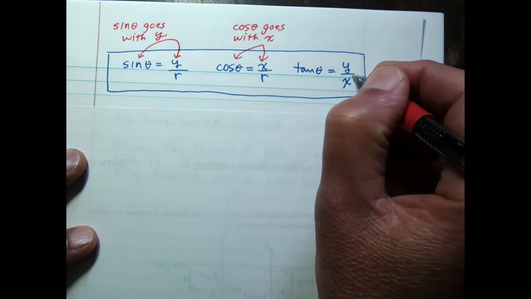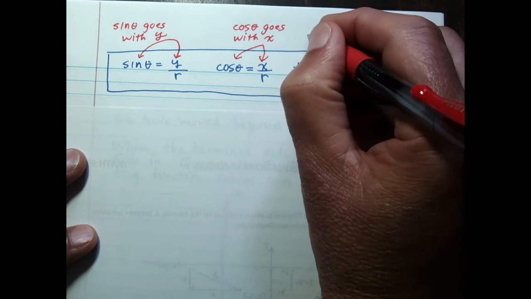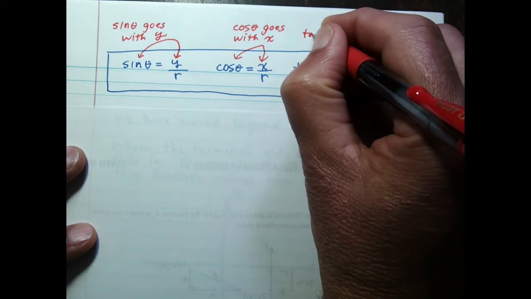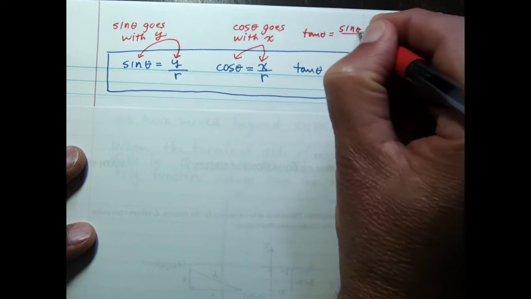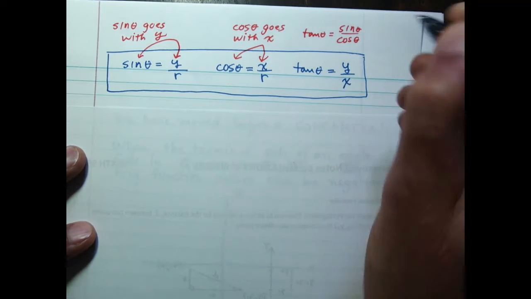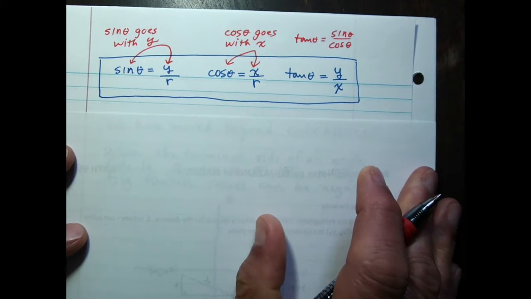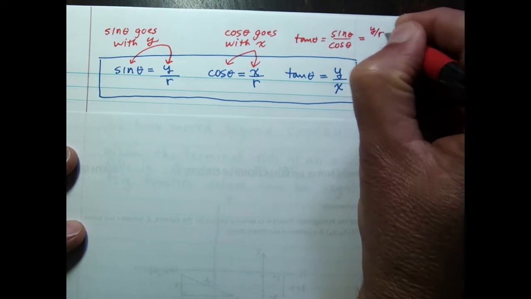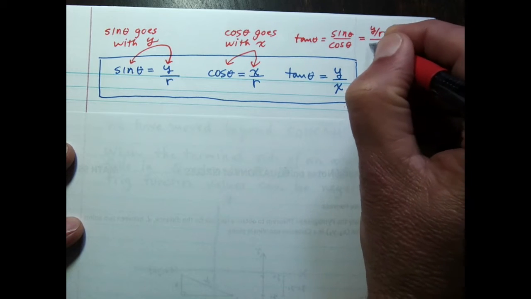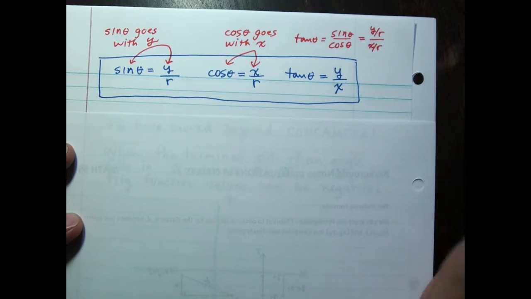Also, as far as tangent is concerned, I just want to remind you that tangent can always be thought of as sine over cosine. Sine is y over r, cosine is x over r.